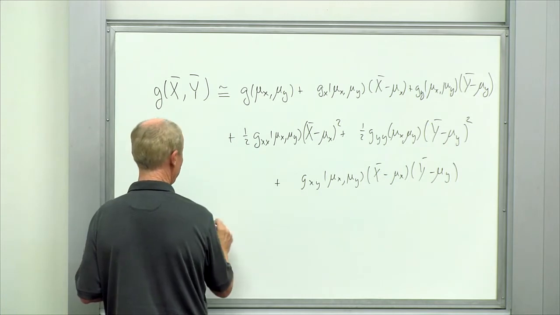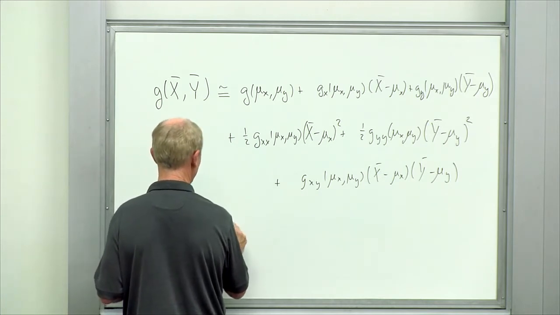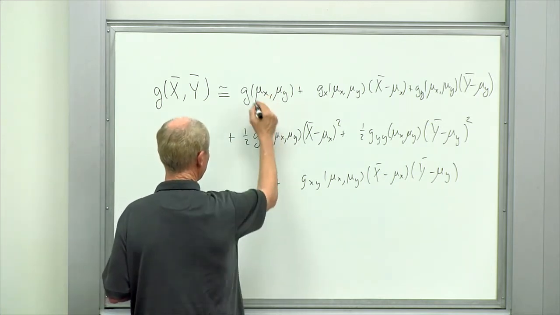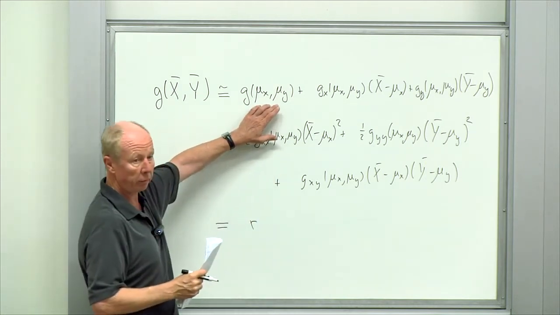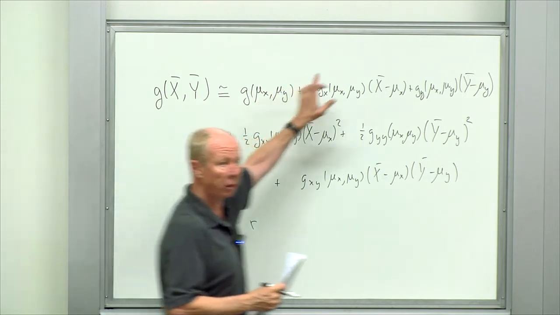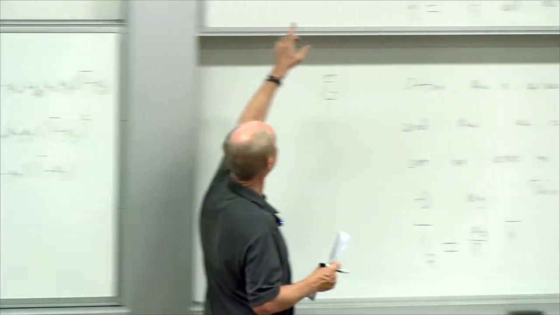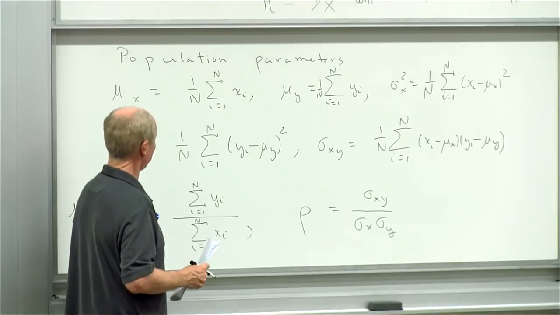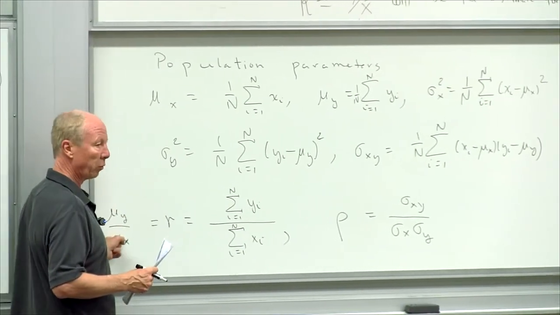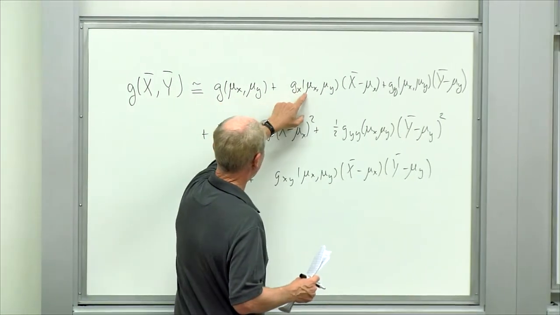So this is a second order expansion. This first term is R, right? This is mu y over mu x. R is mu y over mu x. So this first term here is R.